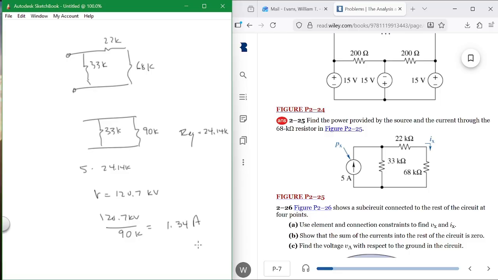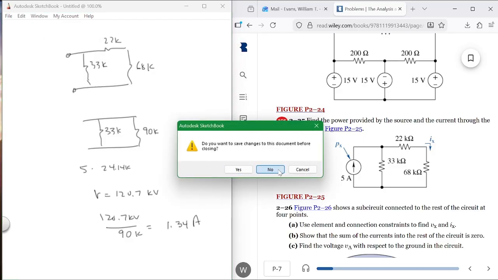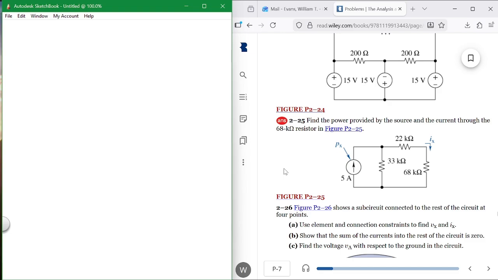The other approach would be the current divider, right? Let's see if the current divider works. All right, so here is current divider. I've got 5 amps, so it's 5 times the opposite, which is 33 over 33 plus 90, the opposite over the sum, all right?